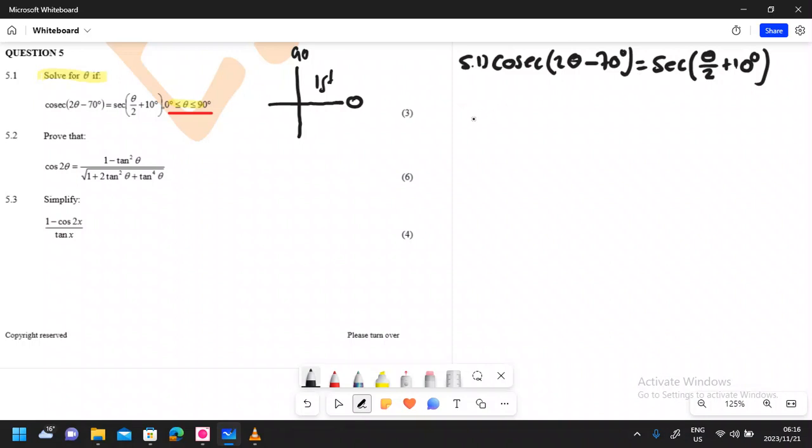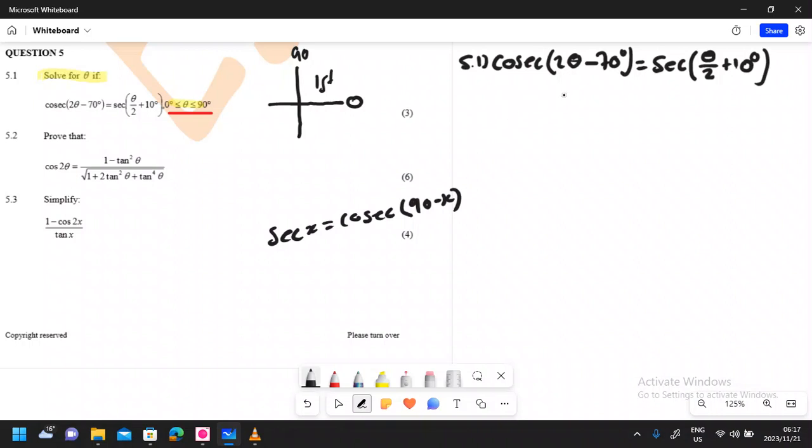So how do you do it? You use the co-ratio. Remember the co-ratio of sec x is cosec of 90 minus x. So in order for us to change this cosec to sec, we must introduce 90 as an angle here.